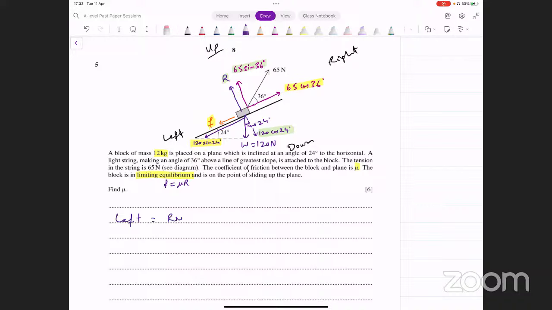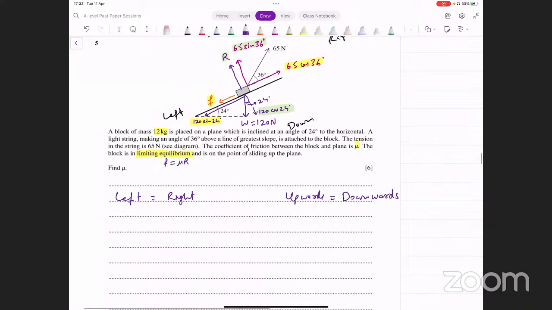Left equals right. अब लेफ्ट पे कौन सी फोर्स है हमारे पास? 120 साइन ऑफ 24 डिग्रीज प्लस फ्रिक्शन. राइट साइड पे we have 65 cos 36. अपवर्ड फोर्स है 65 sin 36, in fact we also have R upwards, 65 sin 36 plus R. Downwards we have 120 cos of 24 degrees.